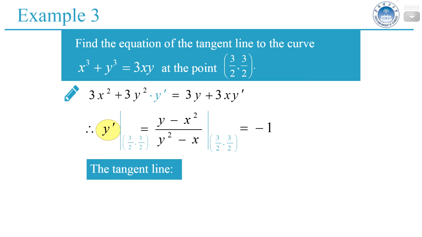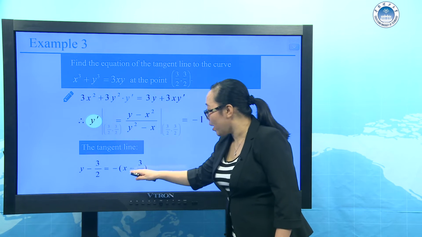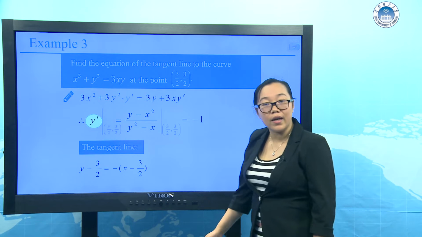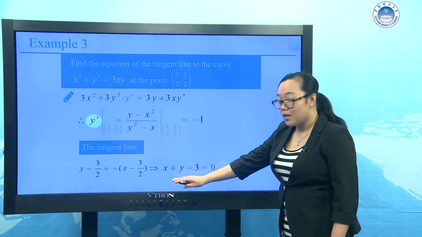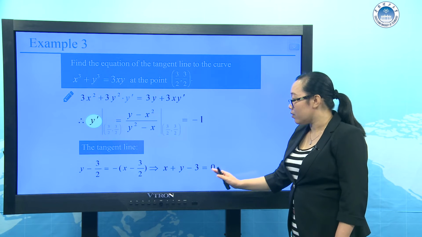So we can get the tangent line: y minus y0 equals k times the bracket x minus x0. Substituting the given point and the corresponding tangent slope, together we can get the formula x plus y minus 3 equals 0.